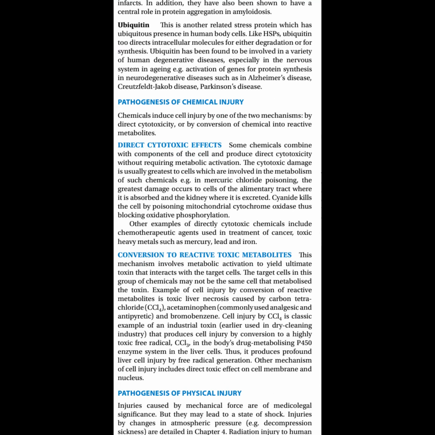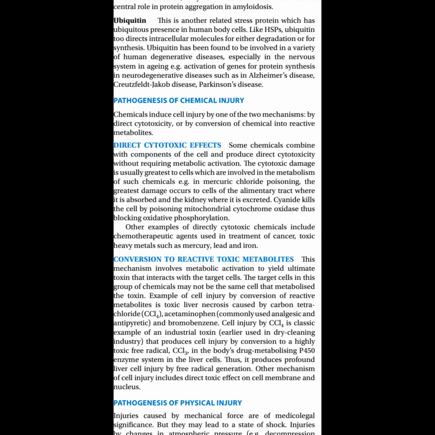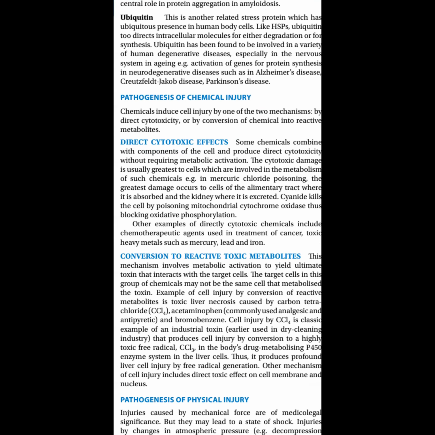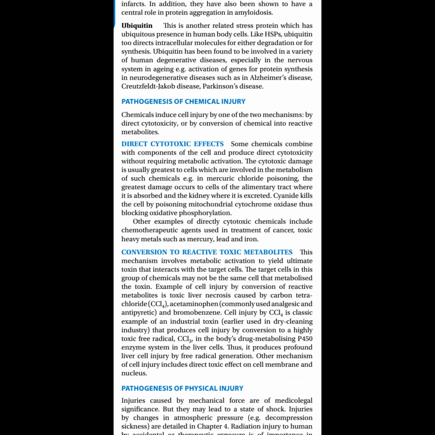Mainly those exposed to the chemical in factories and pharmaceuticals can have mercuric chloride poisoning. The greatest damage occurs to the cells of the alimentary tract, where it is absorbed, and the kidney, where it is excreted. So the element comes into the body and is absorbed in the alimentary tract, where the poisoning is seen, and it is also seen in the kidney, where it gets excreted.